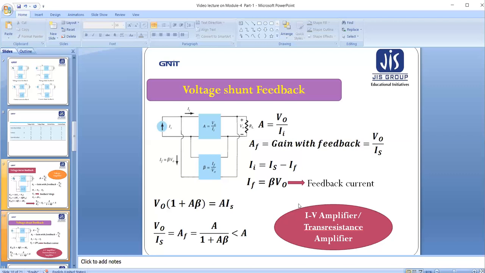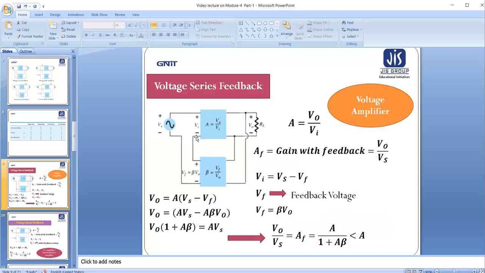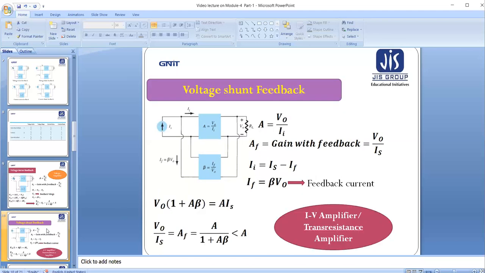Now in the previous circuit, we see that the gain is a ratio of two voltages, so it is called a voltage amplifier, just like your RC coupled amplifier, etc. But when we are dealing with voltage shunt, the input signal is current, whereas the output signal is voltage.